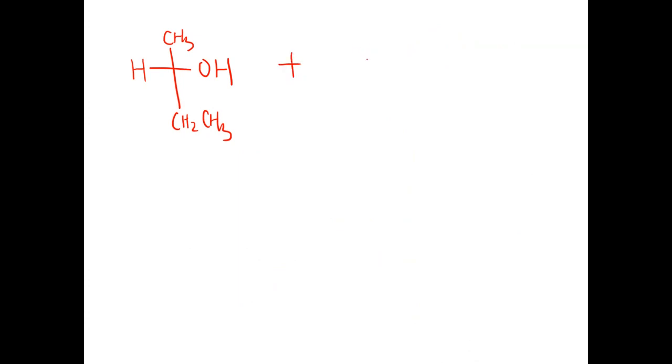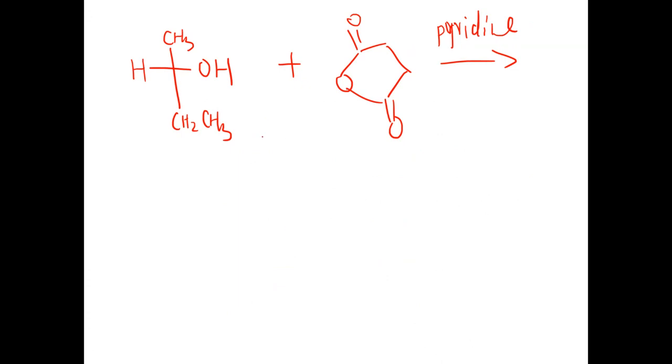So we can just look at one example. Here, assume we have a cyclic acid anhydride. And again, we could use pyridine. Okay. So what happens again? The alcohol will be serving as a nucleophile with the hydroxy group as the attacking atom.